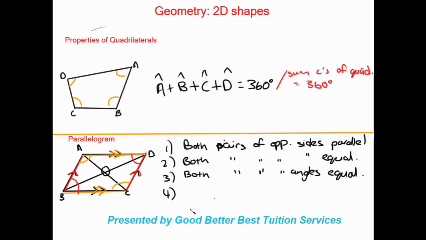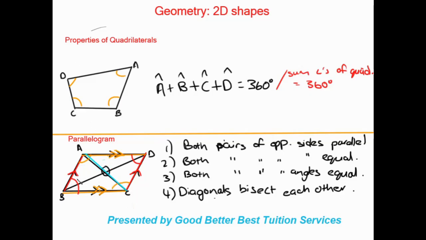So the last point is diagonals bisect each other. Cool. And our diagonal lines are these lines that are here in the middle, okay?